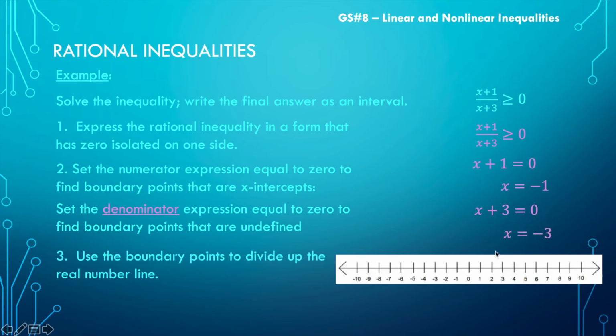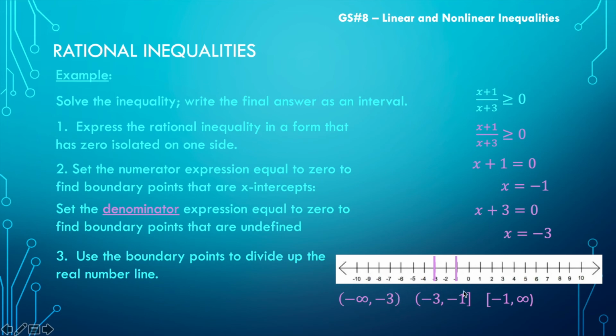So when I put those numbers on my number line and create my intervals, I want to make sure that any interval that includes this negative 3 boundary point has got to have parentheses because it can't include that negative 3. All right, so notice I've got from negative infinity to negative 3 with a parenthesis there.